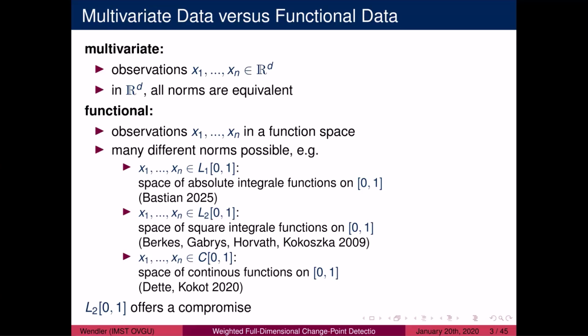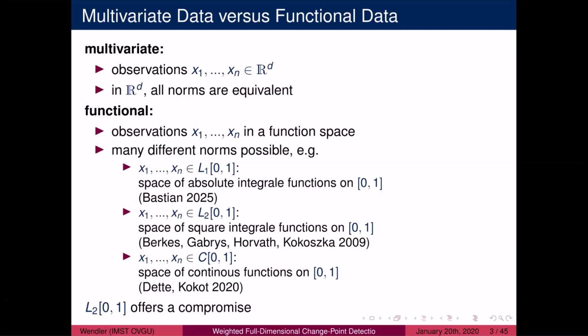Now what's functional data? Functional data is a function as an observation. Every observation is a function. You can add functions. You can multiply functions with a scalar. So in this sense, functions are also vectors living in a vector space. But now we have infinite dimensional vector spaces where the norms are no longer equivalent.